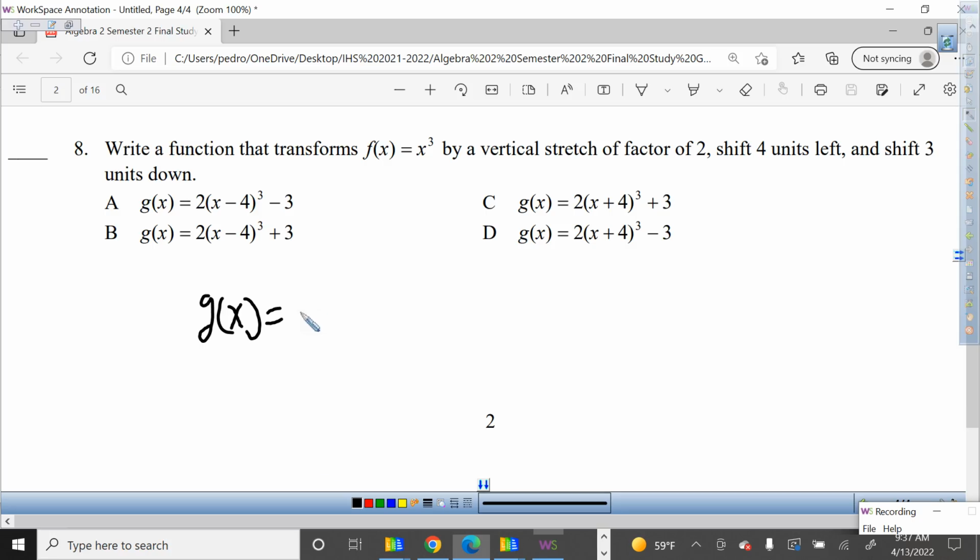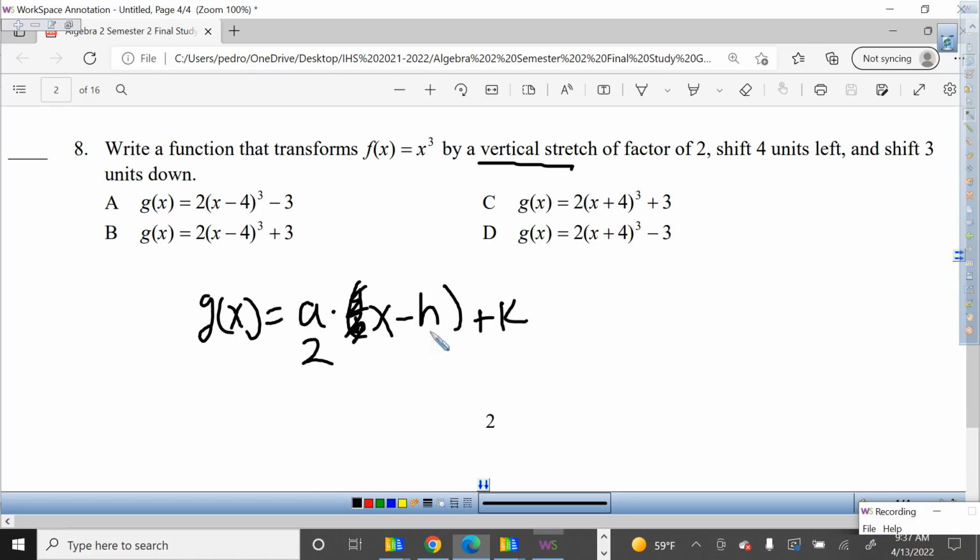All right, so you should have said general rule is A times, now I'm not going to use the F anymore, parentheses, X minus H plus K. The only thing I'm missing is 1 over B. However, since they didn't say stretch horizontally, this is a what? So I don't need to use B for right now. So with that said, what do I write here?